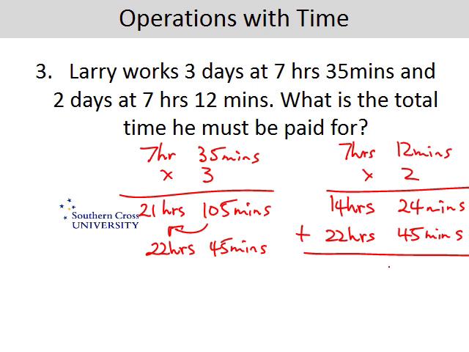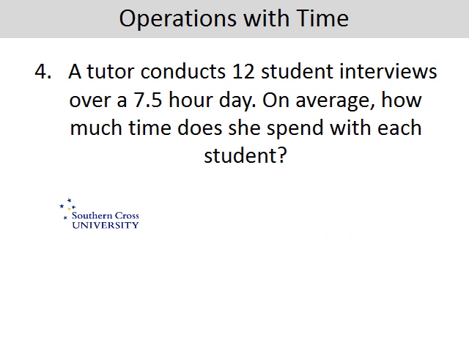So that's 69 minutes and 36 hours. Now with 69 minutes there's more than an hour, so we can do some trading. So that's the same as 37 hours and 9 minutes. So he's paid for 37 hours and 9 minutes.